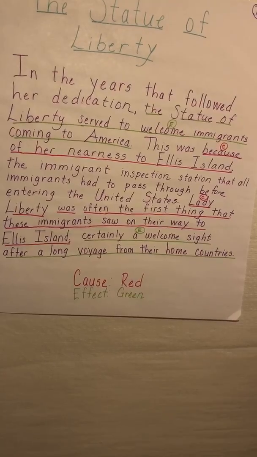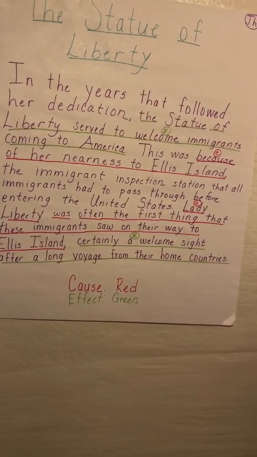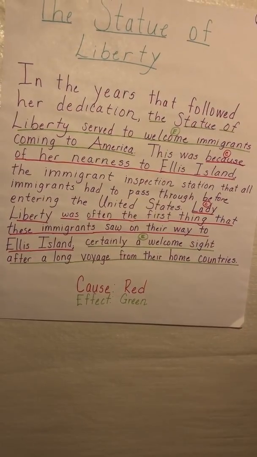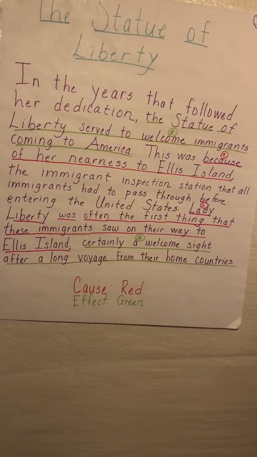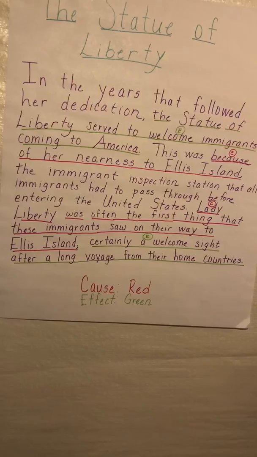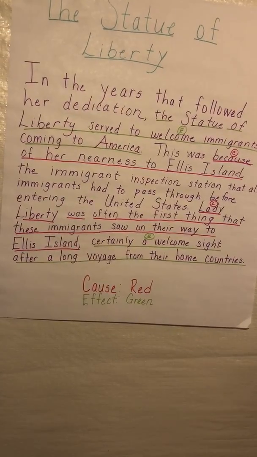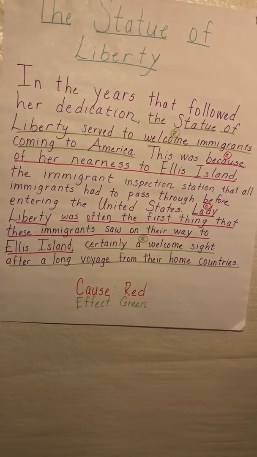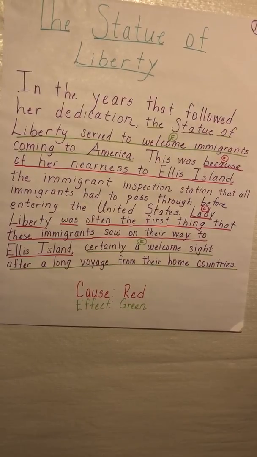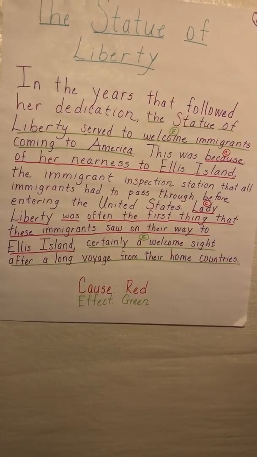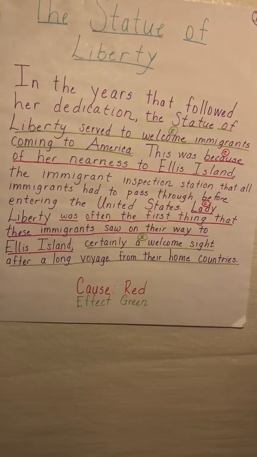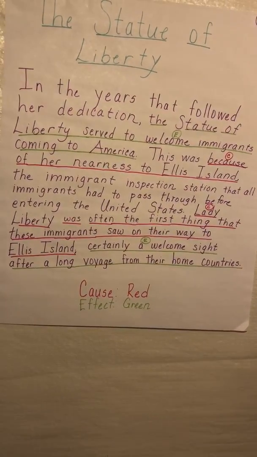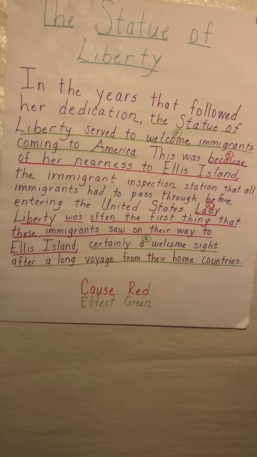That monument served to welcome them. That was their welcoming sign. The cause of that was because it was so near to Ellis Island, the island that they came in on. So that was the cause that led to it being a welcoming sign for those people entering our country. So I've labeled that with E for effect and C for cause.